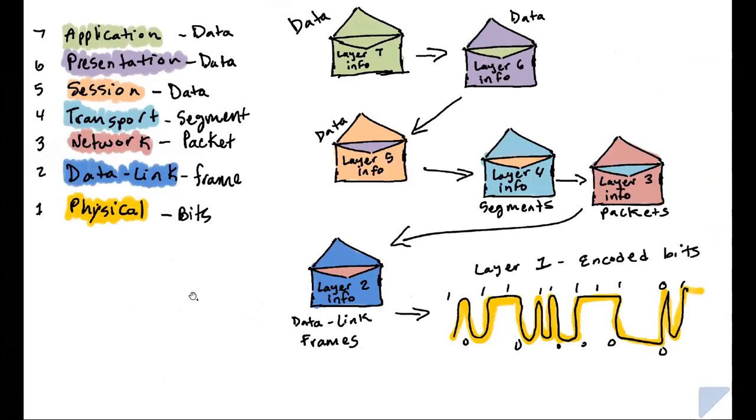All right, and here's another representation of what's happening as the data, or the PDUs, travel from one layer to another layer. Remember that on each layer, the PDU might have a different name.